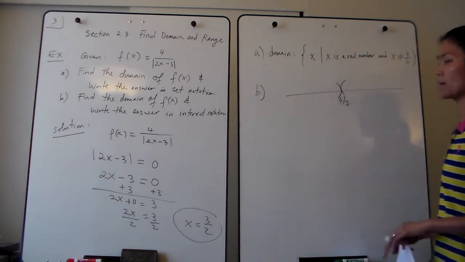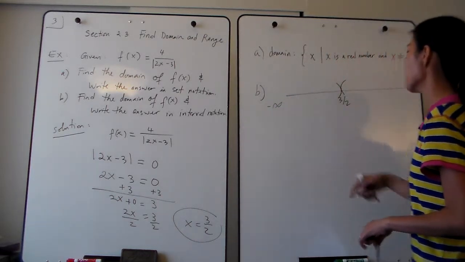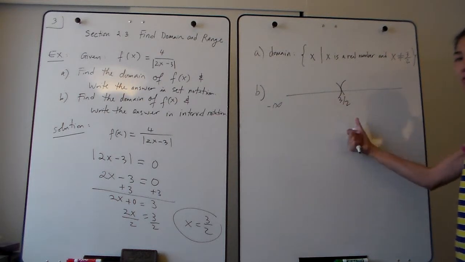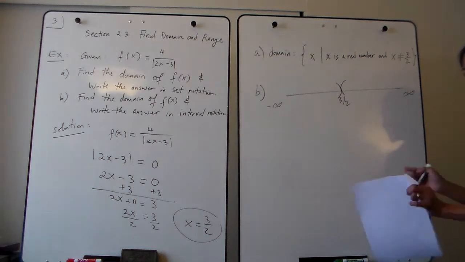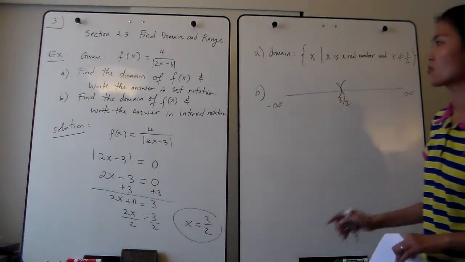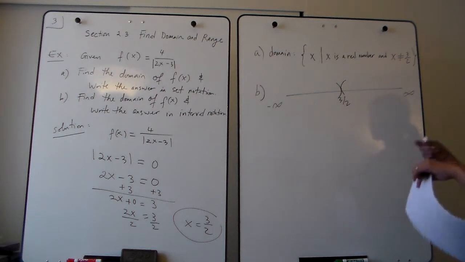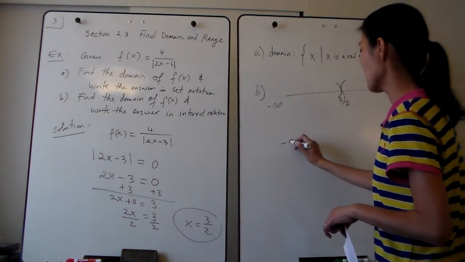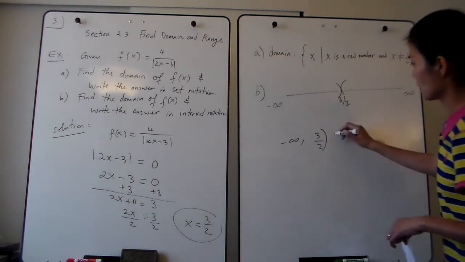To the left of 3/2 can be any number, and smaller means going to negative infinity. To the right means any number bigger than 3/2, increasing to infinity. Do you see that? We're almost done. So the answer in interval notation, using this number line to help you visualize, is negative infinity to 3/2, and we don't include it.